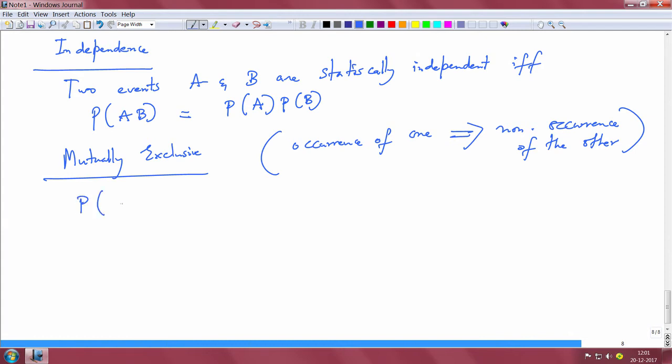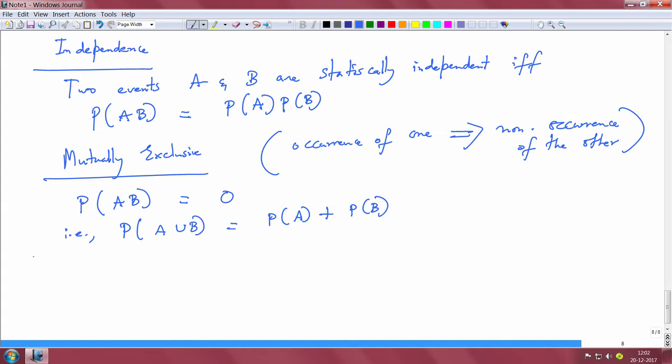So, in this case the joint probability of A and B is 0, and therefore, the probability of A union B is probability of A plus probability of B, right.